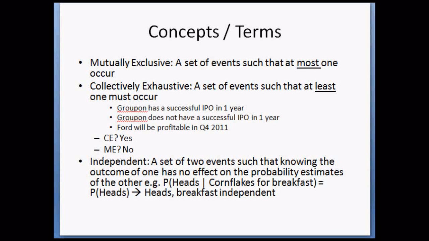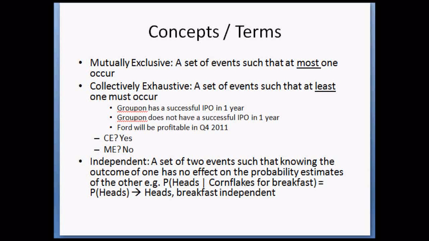The last concept is independence. Events are independent if knowing the outcome of one has no influence on your probability expectations for the other. We often use dice and coins to think about this. If I flip a coin and I get heads, what's the chance I get heads if I flip it again? Still 1/2. We didn't use up a heads, and heads doesn't become less likely just because we used one up.